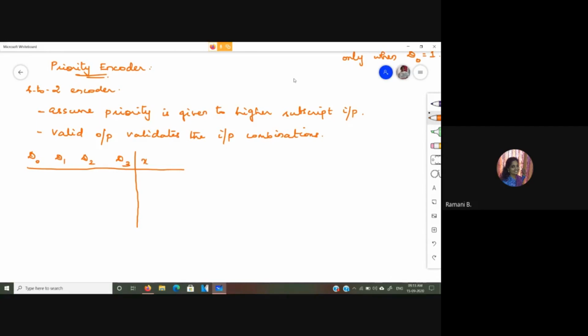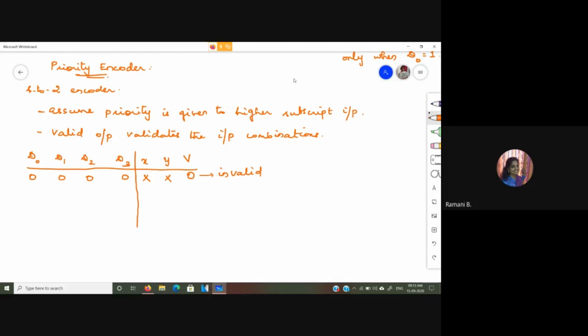Our output, let it be X, Y, and let B be the valid output. Okay. So the first case we shall validate is if all the inputs are 0. In that case, let us not bother about this X and Y and say that it is an invalid input combination. Okay. That is denoted with B is equal to 1.